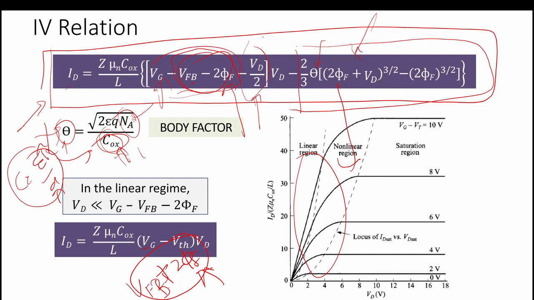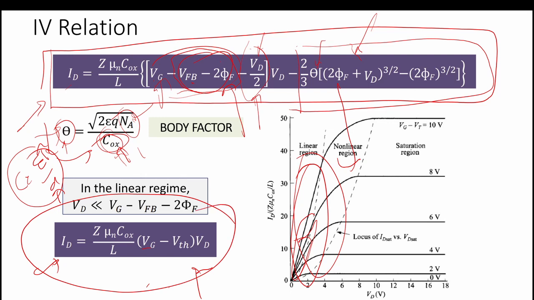So for very low drain voltages, at the low drain voltages, this V_D by 2 term can be neglected, and what we are left with is I_D equal to G mu_n C_ox by L into (V_G minus V_th) into V_D. Okay, this is the I-V relation in the linear regime.